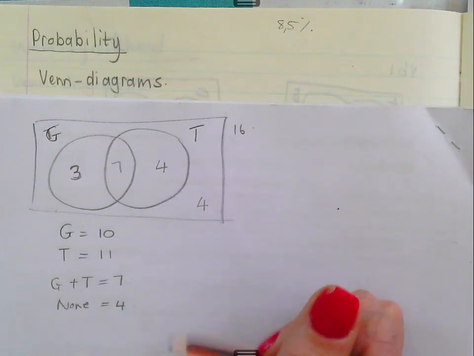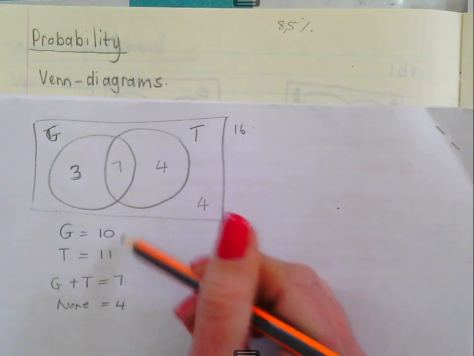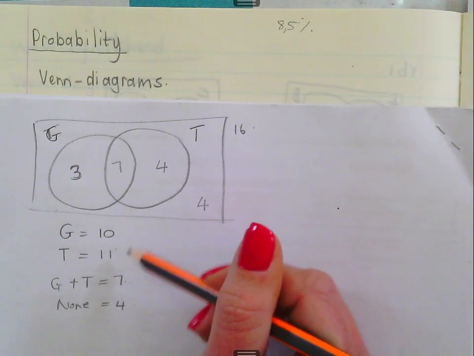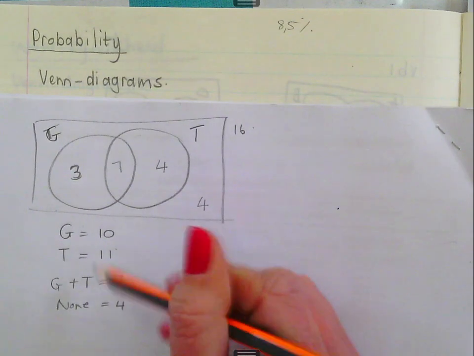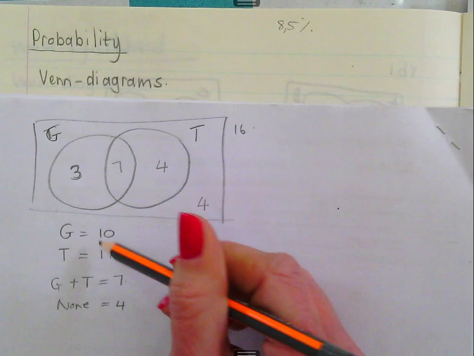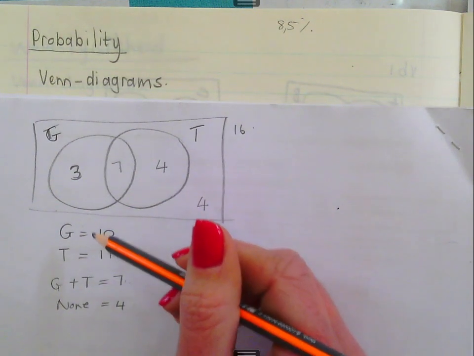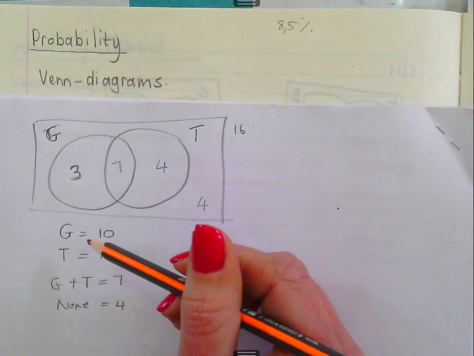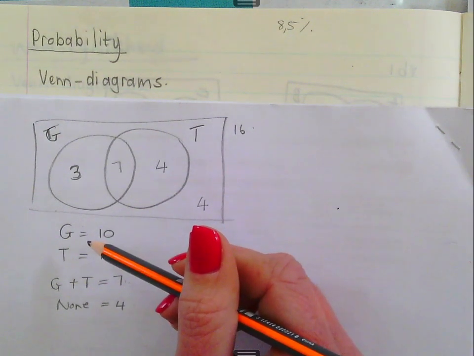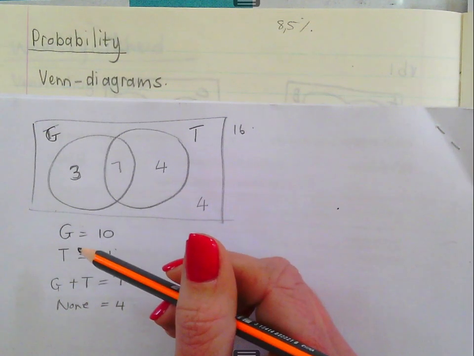Oh, someone put their hands up too many times. The none. Okay, let's just check who has geography. 1, 2, 3, 4, 5, 6, 7, 8, 9, 10. Okay, who has tourism? 1, 2, 3, 4, 5, 6, 7, 8, 9, 10.